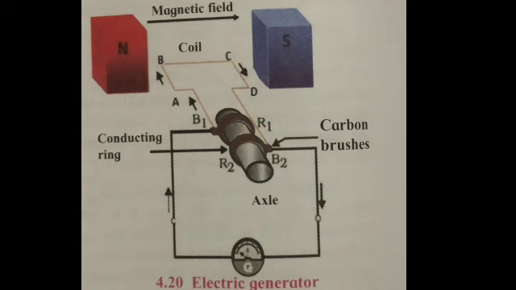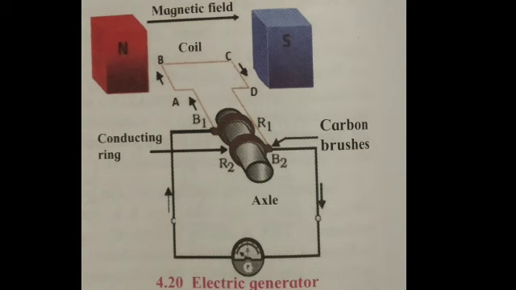According to Fleming's right hand rule, electric current is produced in the branches AB and CD in the direction A to B and C to D. Thus, the current flows in the direction A, B, C, D. It is shown by arrows in the diagram. In the external circuit, the current flows from B2 to B1 through the galvanometer.